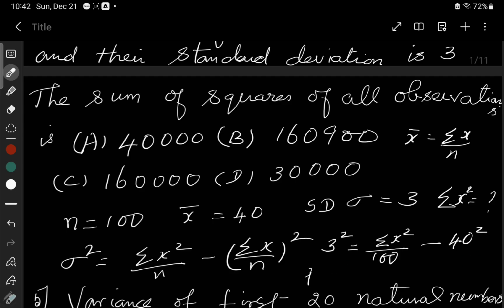So 9 equals sigma x squared by 100 minus 40 squared. 40 squared is 1600. So 9 plus 1600 equals sigma x squared by 100. Bringing the 100 across, we get 1609 into 100, that is 160900. Option B.